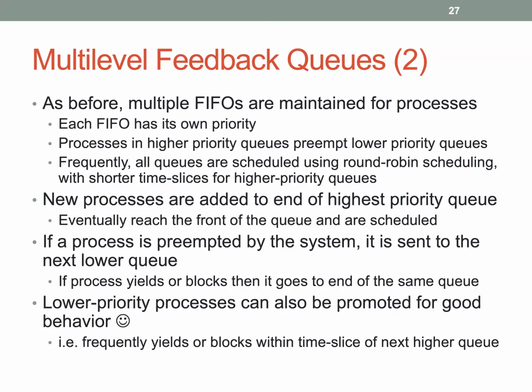And so that allows us to categorize the processes based on their behaviors so that we can prioritize them effectively. Okay. And like I say on the slide, if a lower priority process was using very large CPU bursts and then suddenly starts blocking all the time, we can start migrating it back up through the queues because now we assume that it may be becoming interactive.